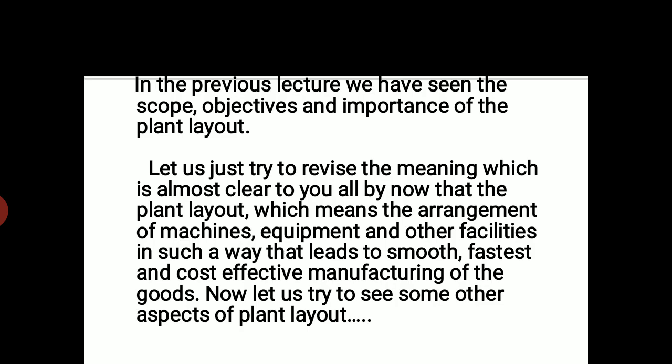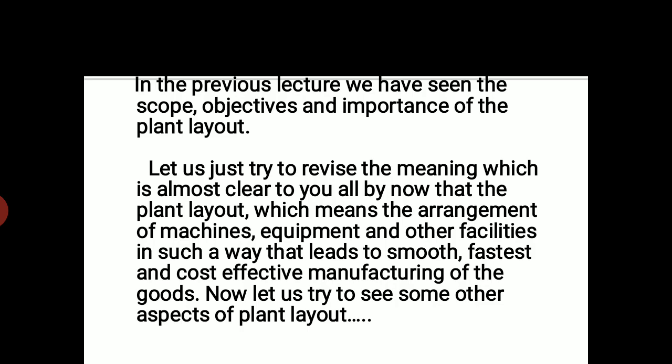Next important decision: once he has decided that he wants to go for manufacturing of goods, the immediate decision is to think about the location. That means where to have my manufacturing unit. That is important decision number 2.